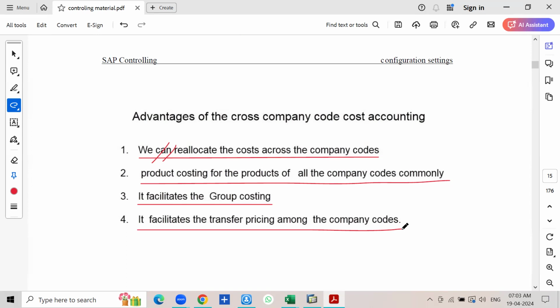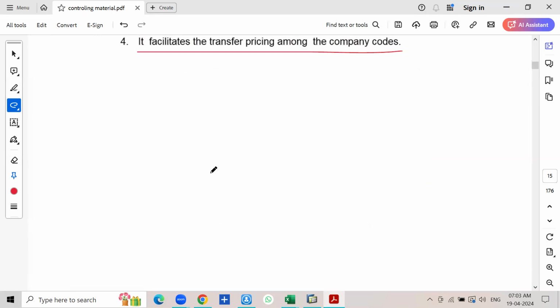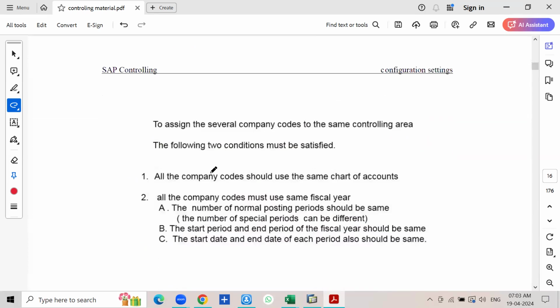So whatever functions we cannot implement in the controlling area same as company code, we can implement in cross-company code cost accounting. But to assign several company codes to the same controlling area, the following 2 conditions must be satisfied. Otherwise, we cannot assign the company codes to the same controlling area.